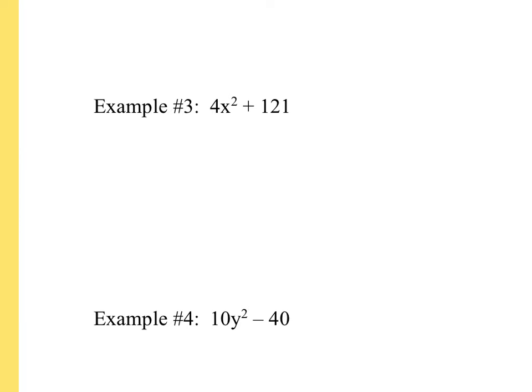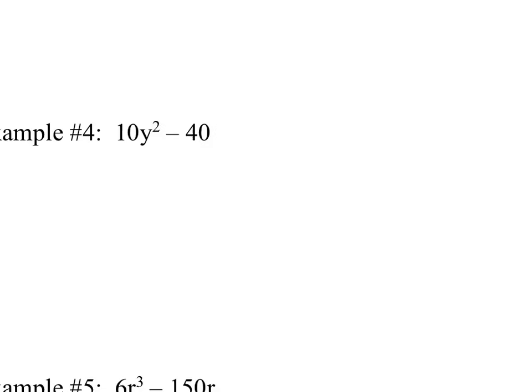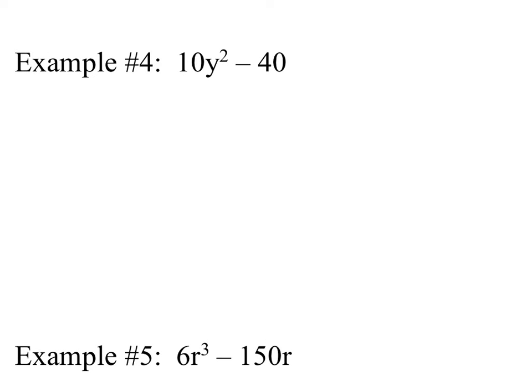Yes or no? No, why not? Plus sign. So this one doesn't work. I cannot factor that with difference of squares. So we're just going to skip it. We cannot do difference of squares when we have a plus sign. All right, what about example 4?